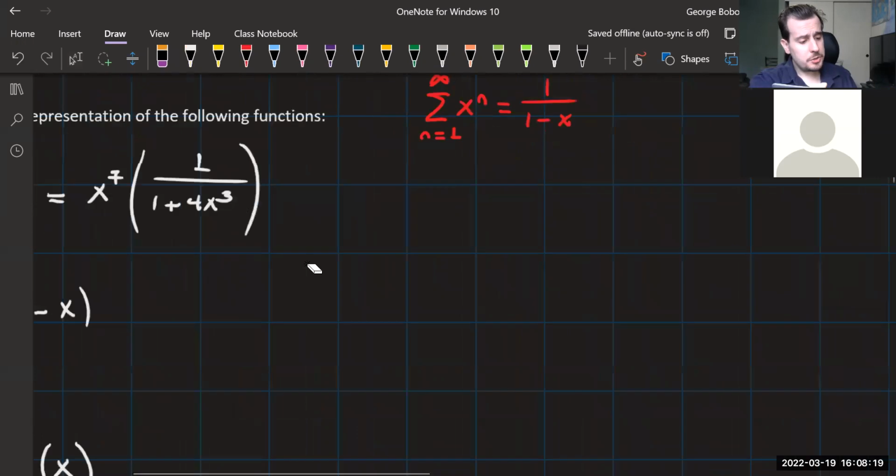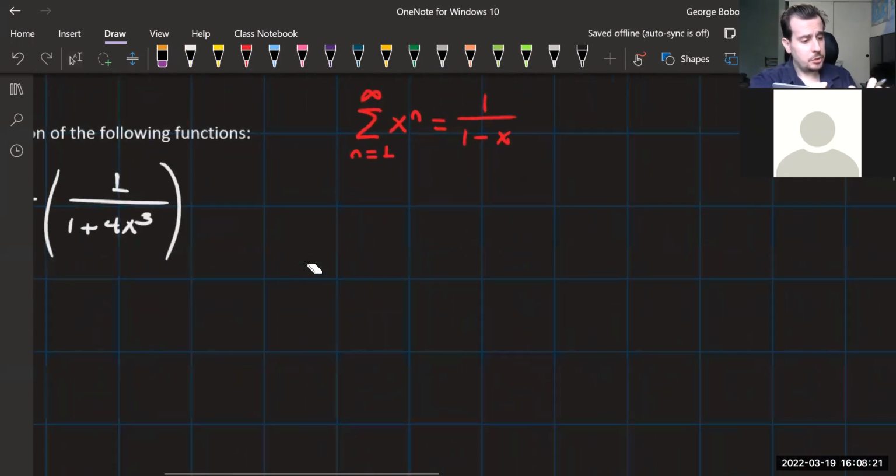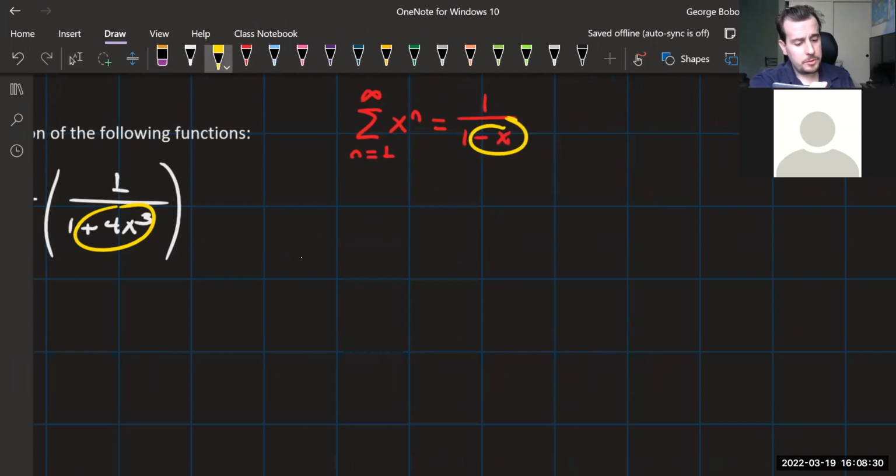So then you ask yourself, looking at only the bracket term, how can I make the bottom here identical to the building block? Like, what do I have to do to this to turn it into that? What do you think I have to do to this negative x to turn it into a 4x cubed right now?